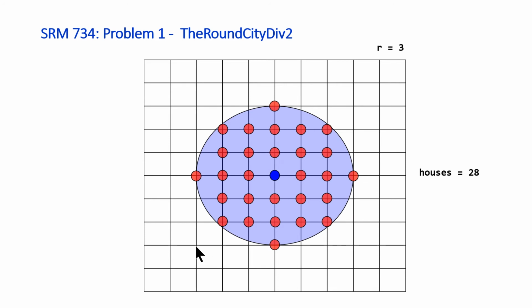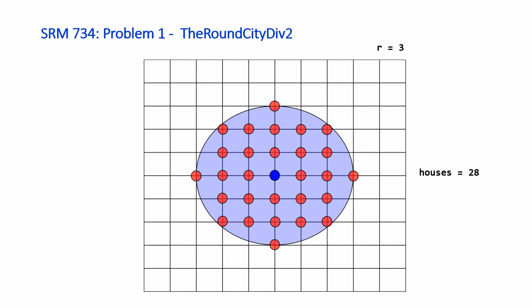So we're just going to check each pair of coordinates for the square surrounding our circle. We'll loop from negative r to r for both i and j, and then check if the square root of i squared plus j squared is less than or equal to r, and if it is, then we'll do a post increment on our count, as it means that we have found a house in our circle.